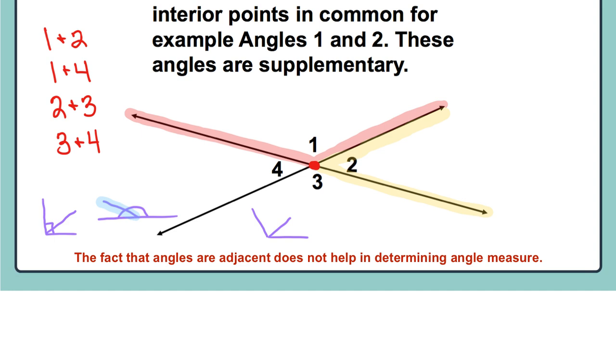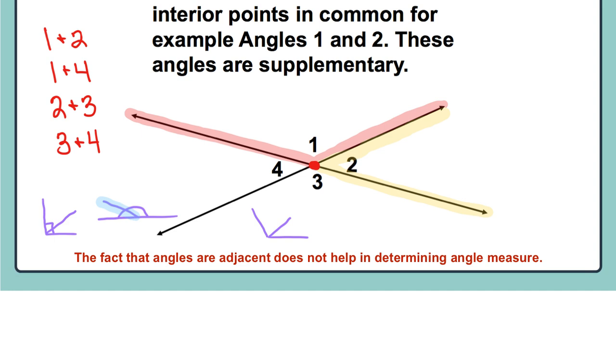That's the point I'm trying to make here: complementary angles can be adjacent. That's fine. Supplementary angles can be adjacent. That's fine. But being just adjacent to each other does not help me in measurements. Okay? All right. Figure it out eventually.